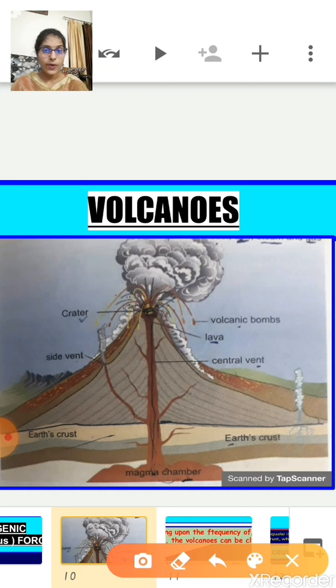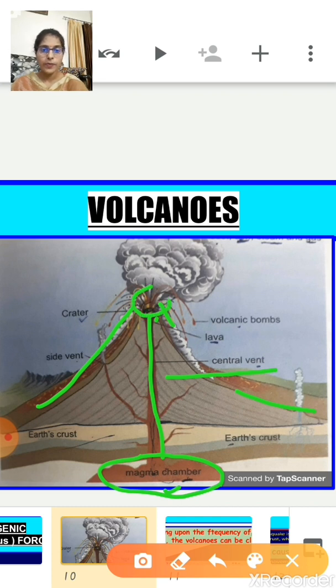A volcano is an opening in the earth's crust through which molten magma or lava erupts suddenly through the central vent. This lava accumulates around the vent into a conical hill or mountain with a funnel shape at the top, which is known as the crater.